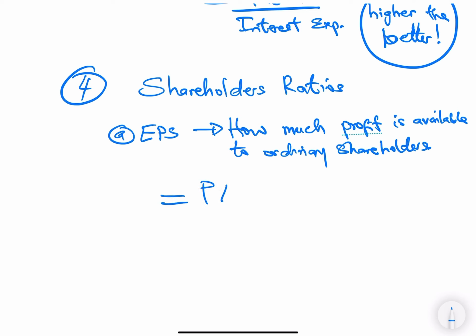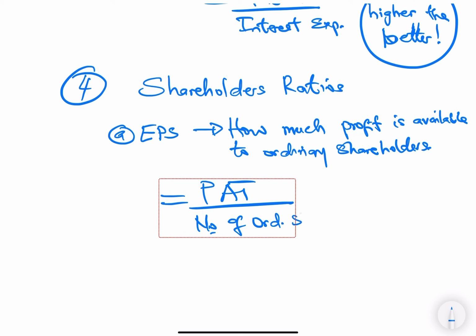How much is available is their profit after tax, divided by, because this is the total that is available, but to how many shares? Divided by the number of ordinary shares. So that's how we know how much profit is available for one share.